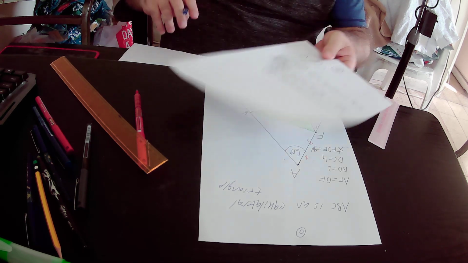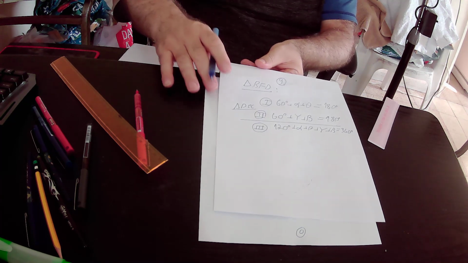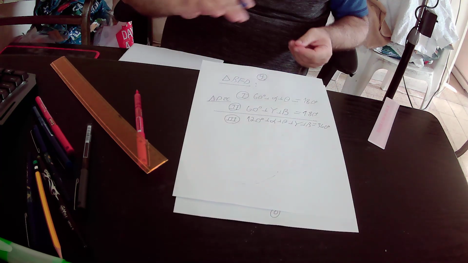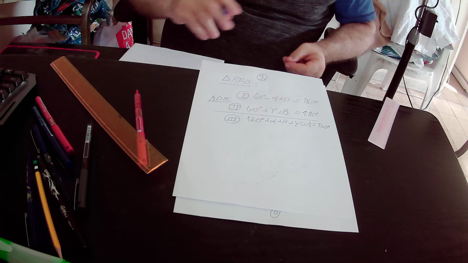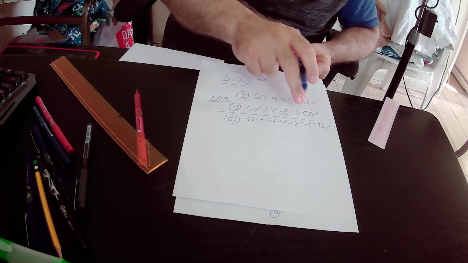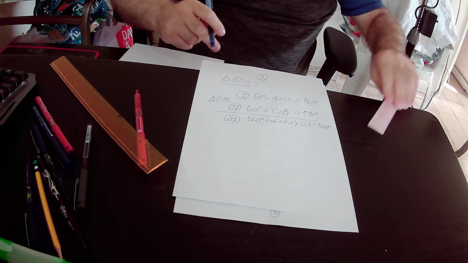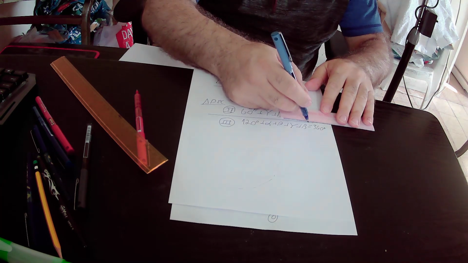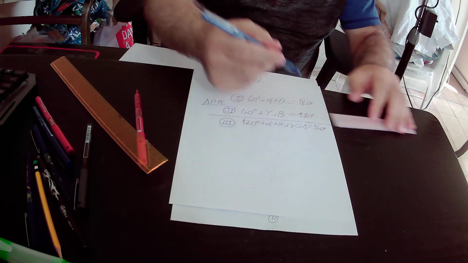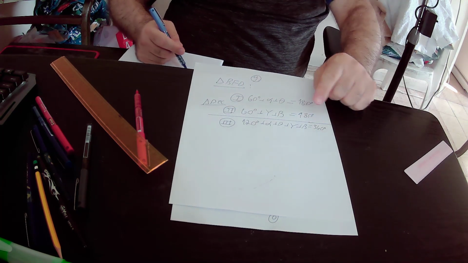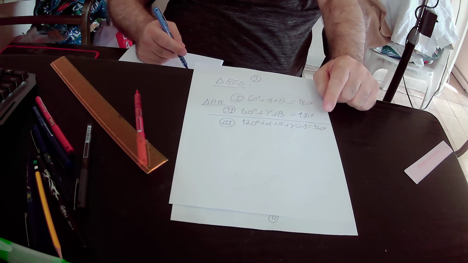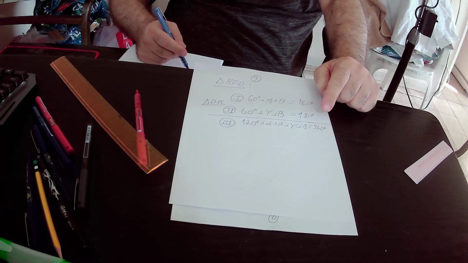So we created equation number 3: 120 degrees plus alpha plus theta plus gamma plus beta equals 360 degrees.